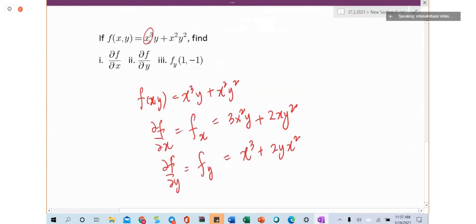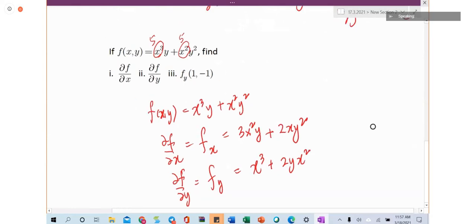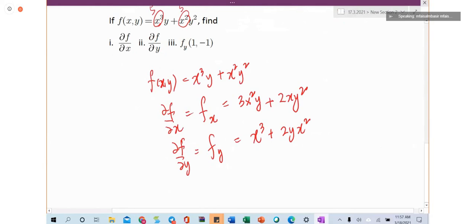Let's say you treat this as 5. How do you differentiate 5y? It will be 5, so just copy the constant. When you differentiate with respect to y, x is constant, so if you let this be 5, this will be 10y. So here we have 2y x squared because the x squared is constant.